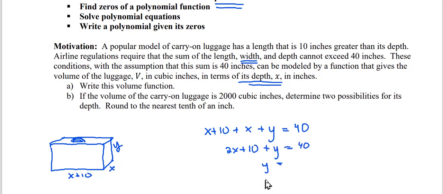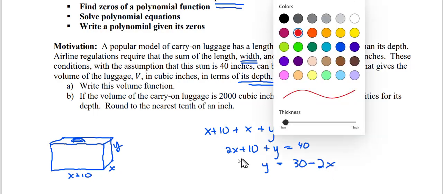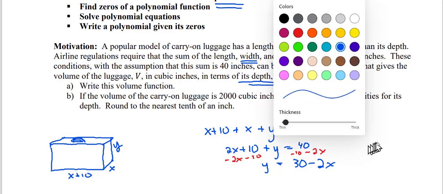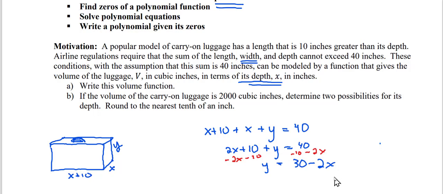If we subtract 2x from both sides and subtract 10 from both sides, we get 30 minus 2x, I think is what we'll get there. So there's the 30, 40 minus 10, and then minus 2x. So instead of writing this in terms of y, I'm going to write this in terms of x: 30 minus 2x.